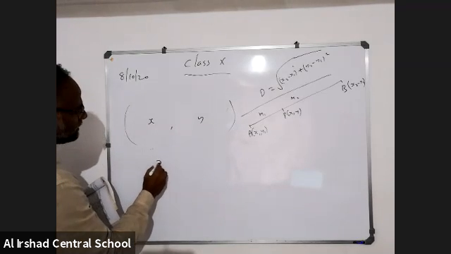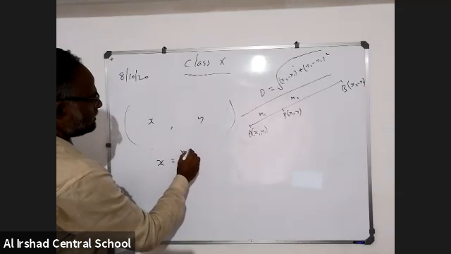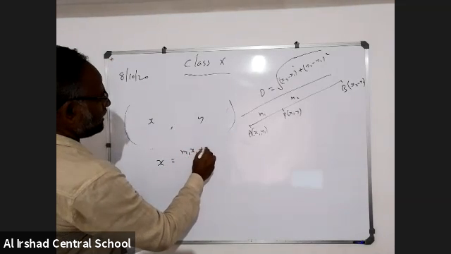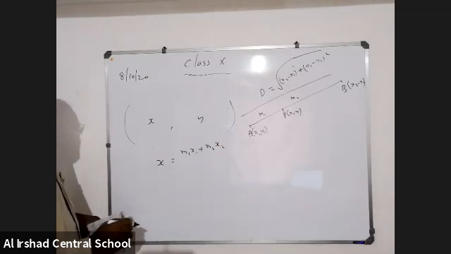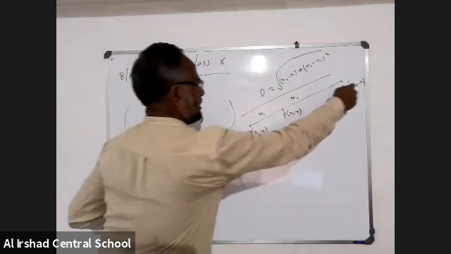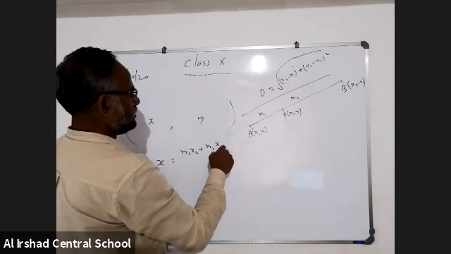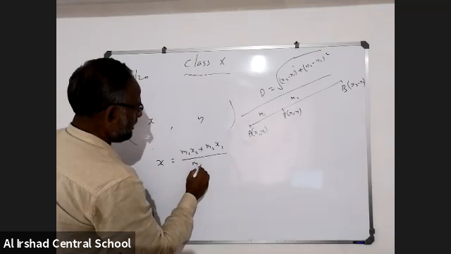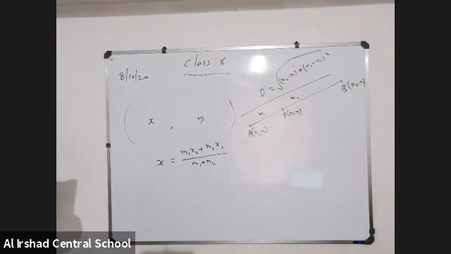What I did here, x coordinate is equal to m1 x2 plus m2 x1 divided by m1 plus m2, the method I told you.